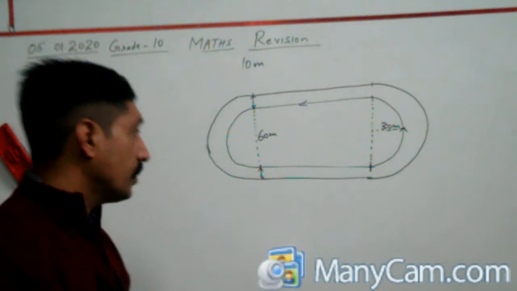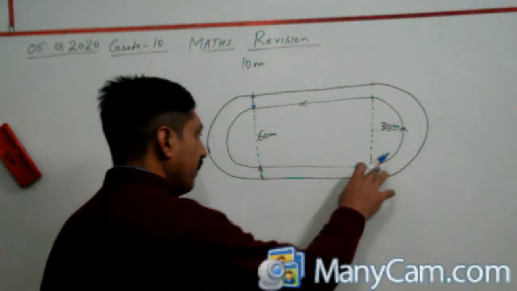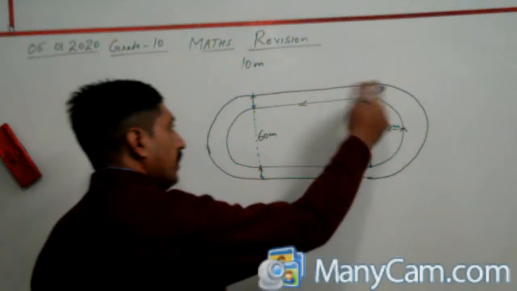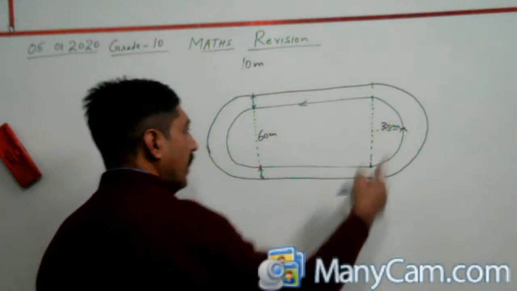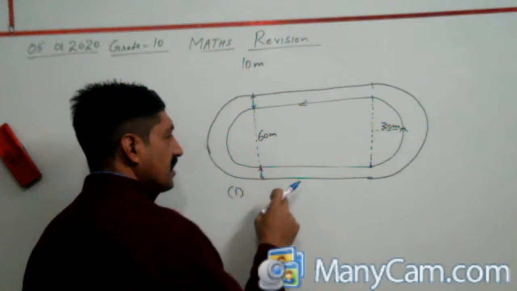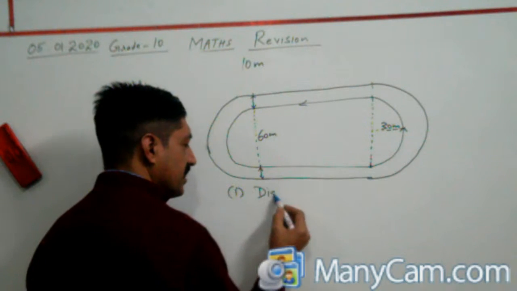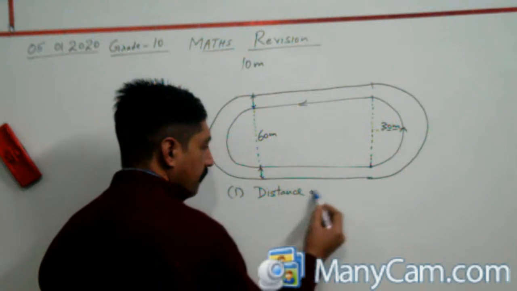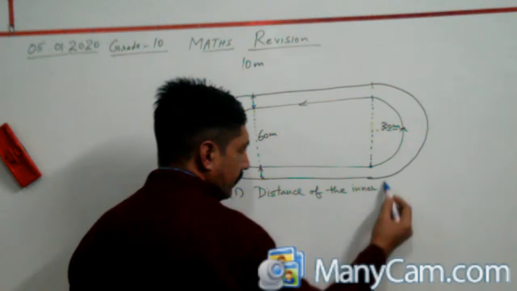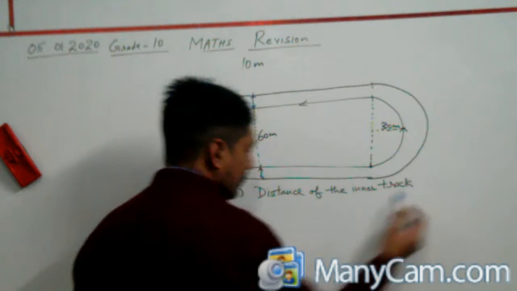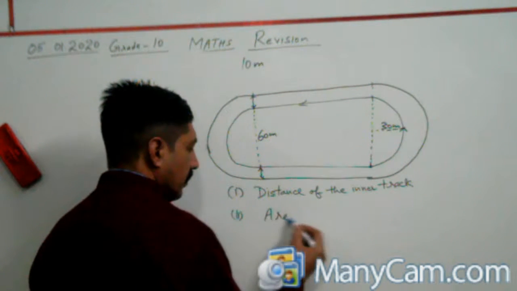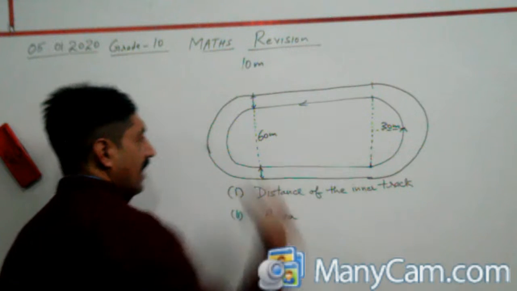Okay. So here we have two parts. First we have to find the perimeter, the distance of the inner track, and the next is the area covered by this track.